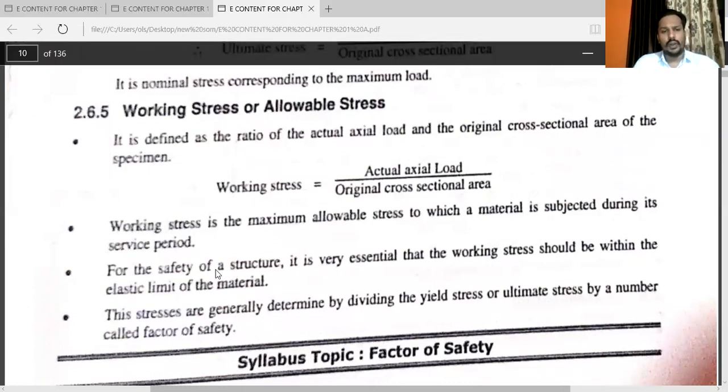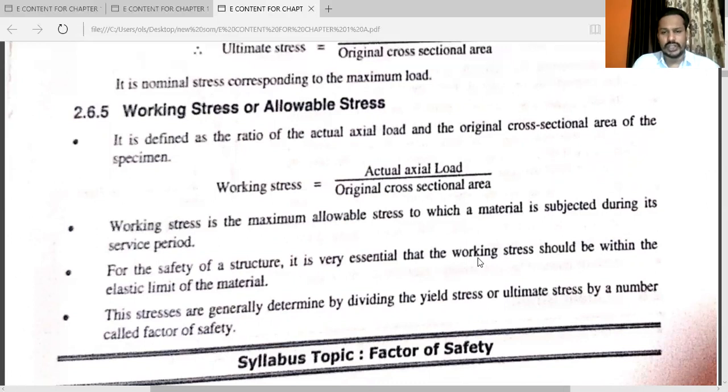For the safety of a structure, it is very essential that working stress should be within the elastic limit of a material. These stresses are generally determined by dividing the yield stress or ultimate stress by a number called factor of safety. So here working stress is equal to actual axial load upon original cross-sectional area.